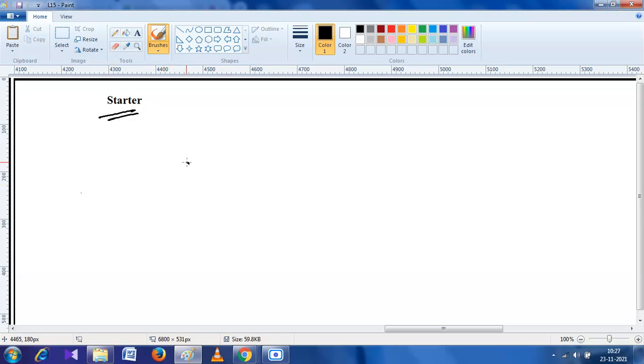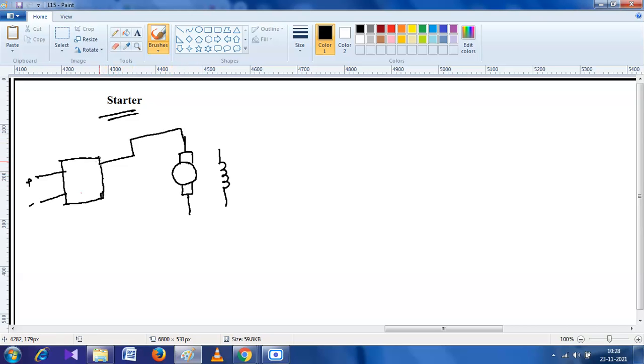Suppose we are giving supply here, plus minus, and from that we have to give a connection.